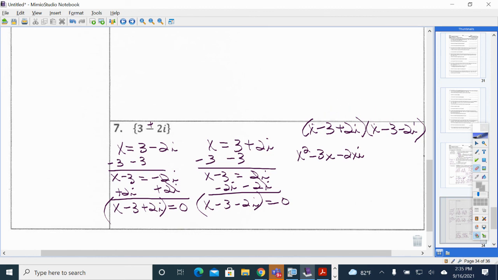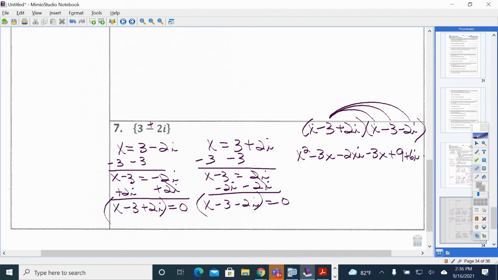All right, so next we're going to do the -3. So -3 times x is -3x. -3 times -3 is a positive 9. -3 times -2i is a positive 6i.